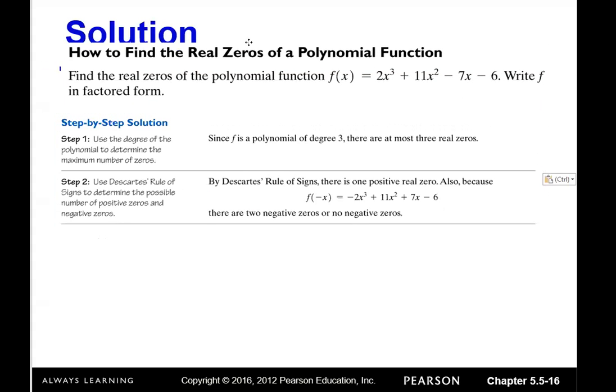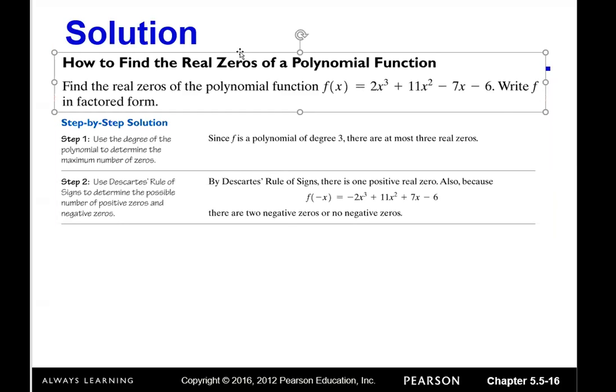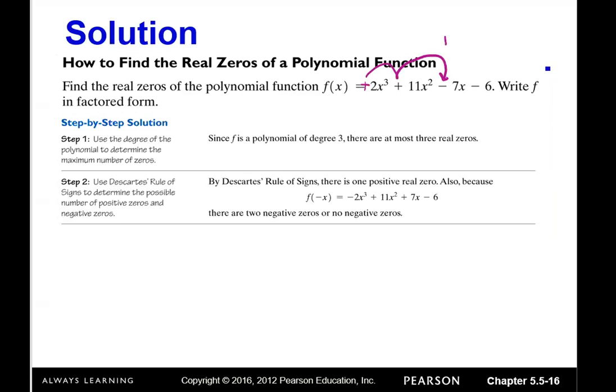Okay, so for Descartes' rule, I'm looking at the change. Remember this is positive, positive to positive, no change. Positive to negative, there's one change, and then it stays negative. There's only one positive real zero because there's only one change in sign.